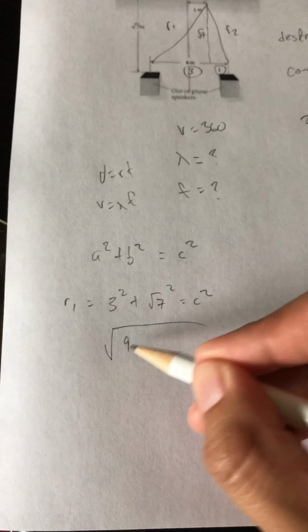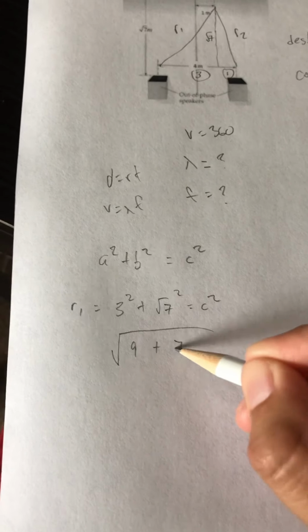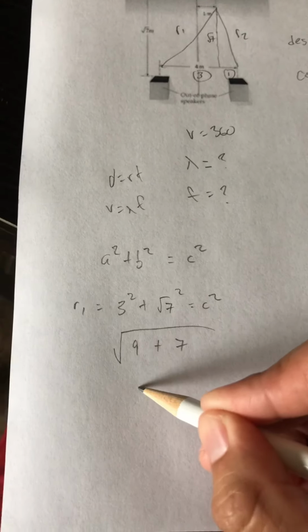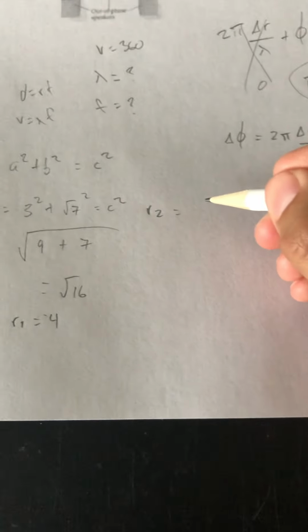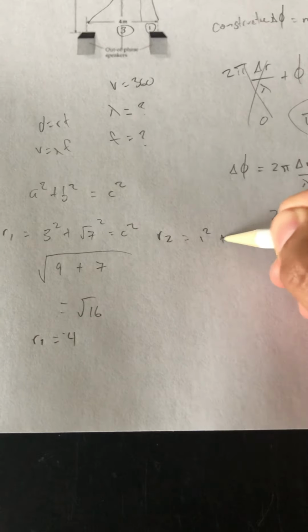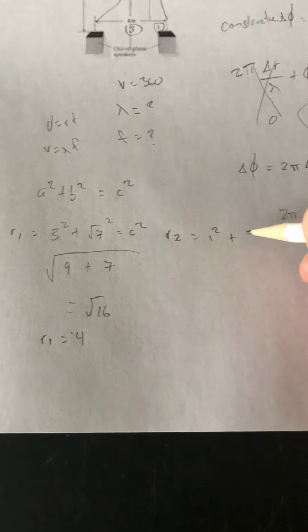So that would be 9 plus 7, equals square root of 16, and R1 equals 4. Alright, now we have to solve for R2. Equals 1 squared plus square root of 7 squared equals c squared.